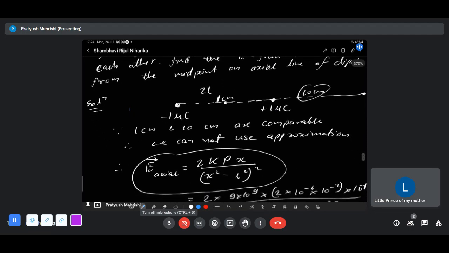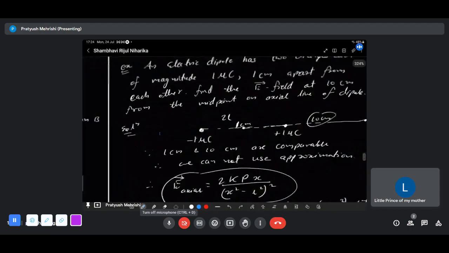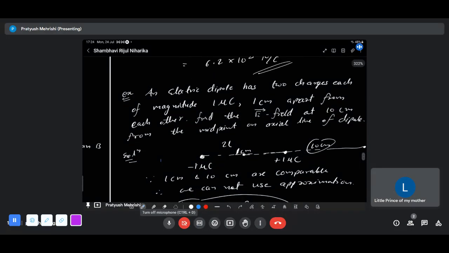But here one thing is, the charges of the dipole are 1 centimeter apart. So here we cannot use the formula 2Kp upon x cube. Why? Because it had an approximation: x should be much larger than the distance between the two charges. Here the distance between the charges is 1 centimeter and the distance of the point is 10 centimeters.